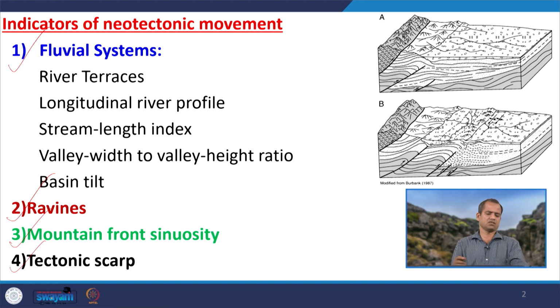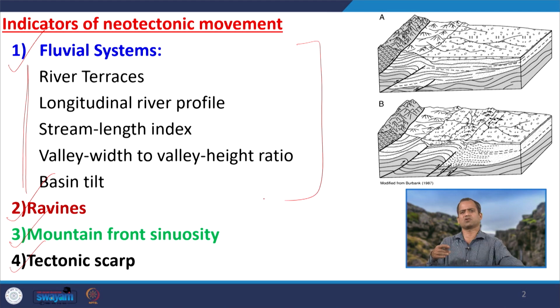Under fluvial systems there are a number of parameters like river terraces, longitudinal river profile, stream length index, valley width to height ratio, and basin tilts. I have mentioned just a few of them. However, if you search the web or literature, you will find a number of parameters people now use to determine neotectonic features or activities.